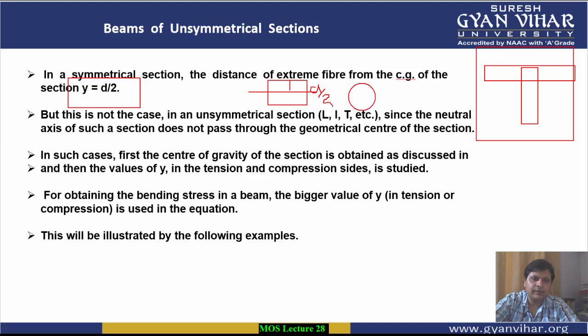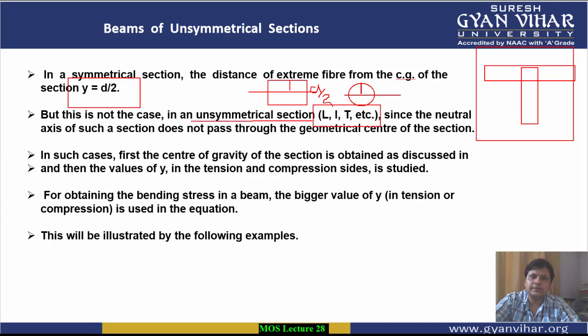This we have seen in the previous video lecture. I told you that in the case of simple sections like the circle, you can directly take the y value equal to d by 2. But this is not the case for the L section, T section and I section.